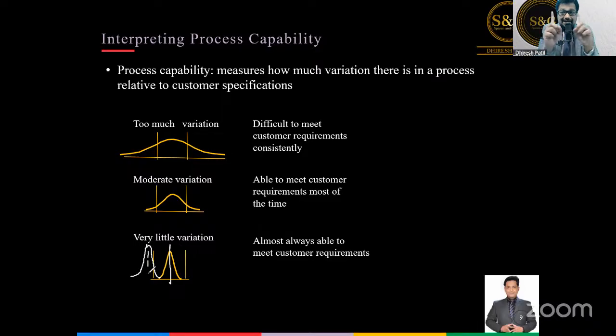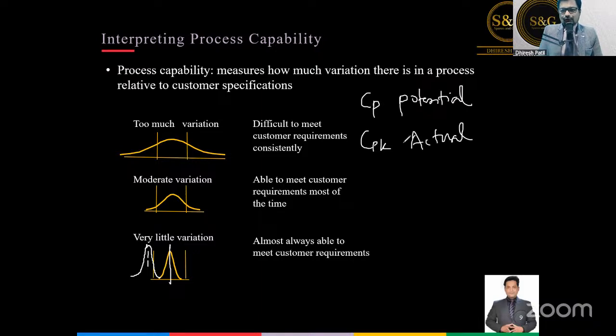So hitting the target as well as reducing the variation, both are important aspects, and that's what is taken care of by CPK. Okay, so CP formula is potential, and CPK you can say is actual, what you are delivering.